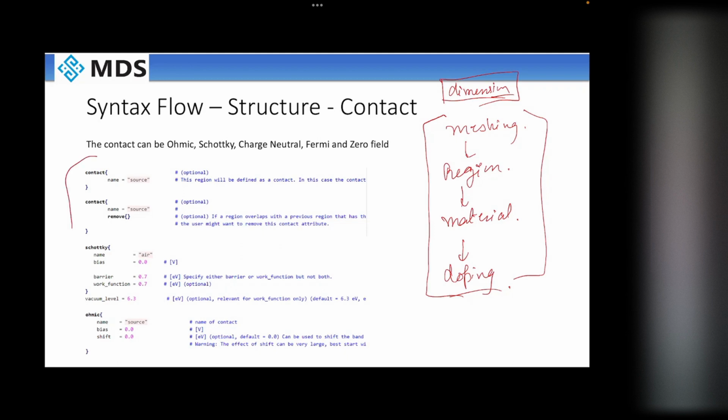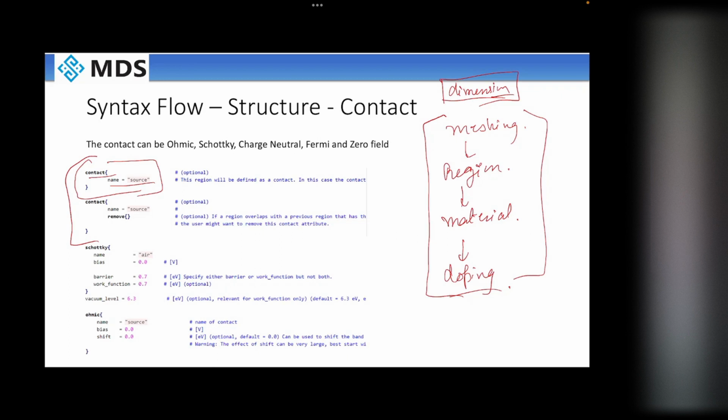Usually for the contact statement, these two statements are used. It's a simple one: you specify the contact and then specify its name. You can also specify its dimension as well.